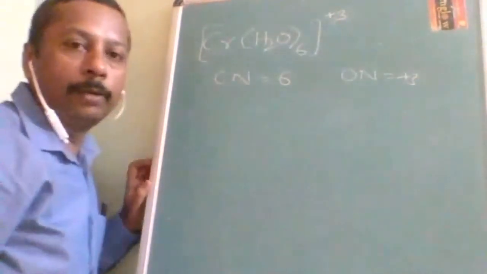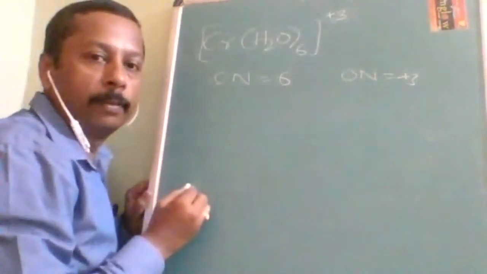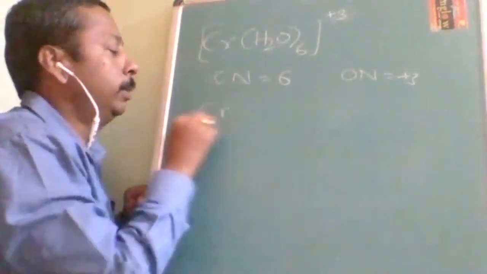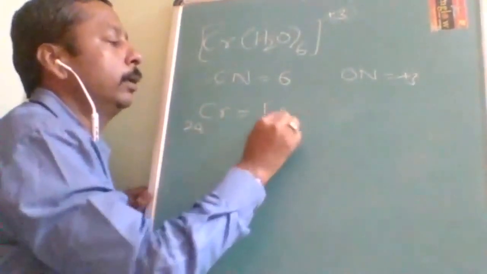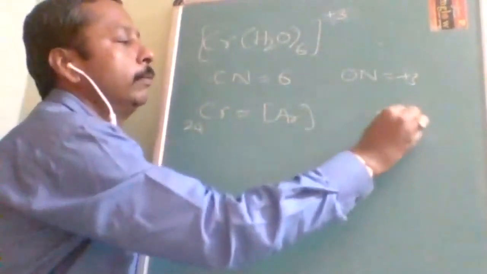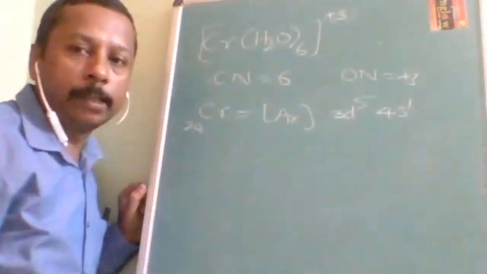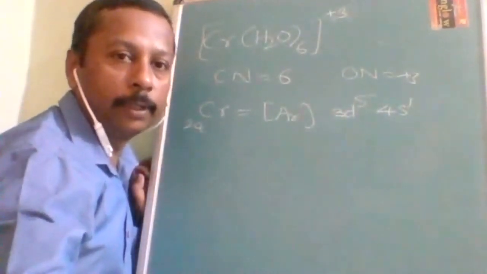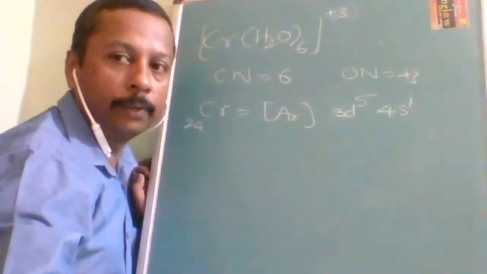Now I have to remove 3 electrons from the chromium. Chromium atomic number is 24. So chromium 24: helium, neon, argon, 4s1, 3d5. I think everybody remembered this is the exceptional configuration. For chromium, to have what?